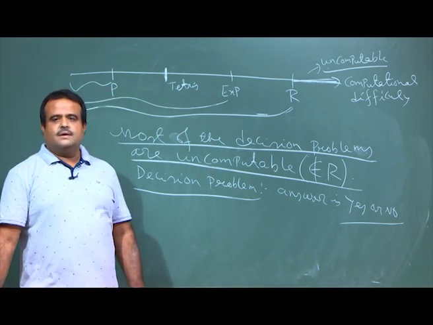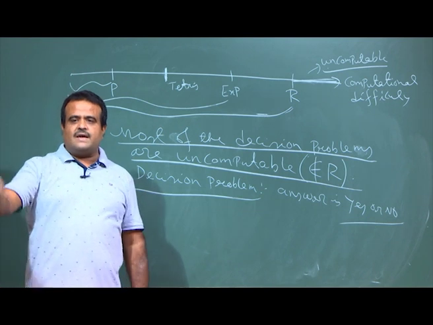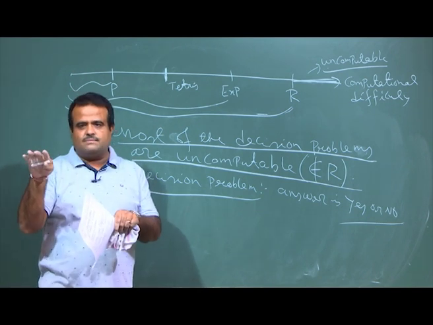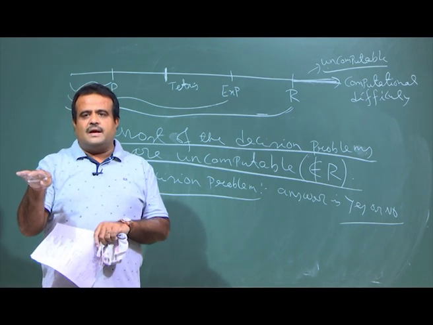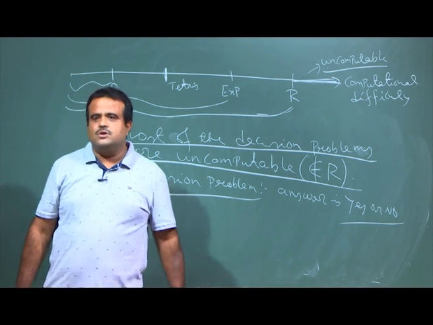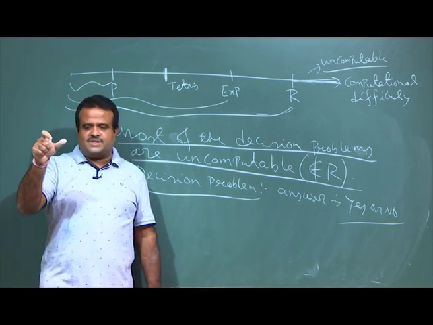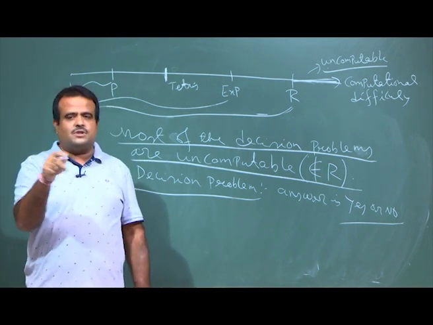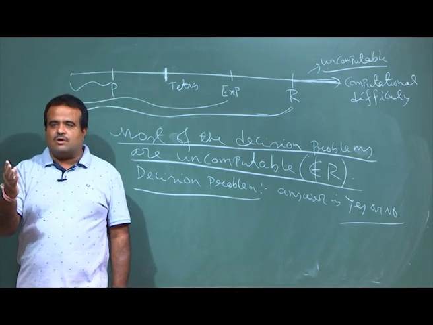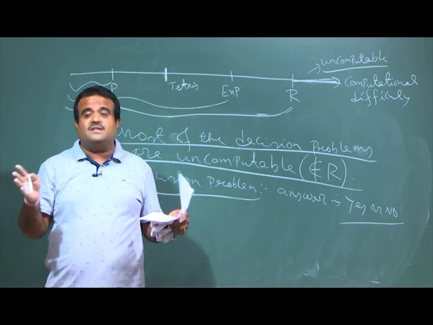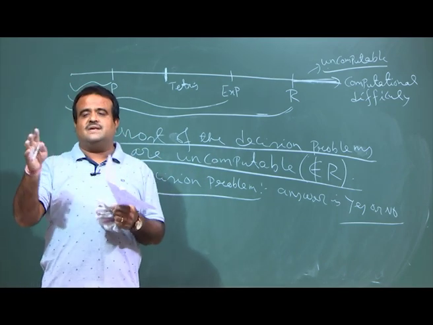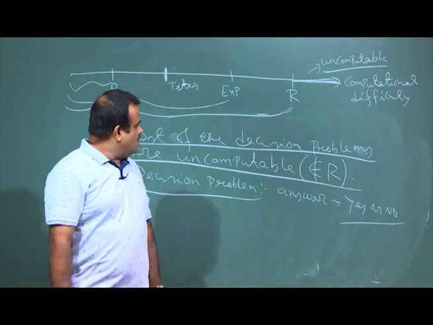Okay. Given a play board and a sequence of pieces in Tetris, whether we can survive, yes or no. Given a position of the chess board, whether white wins or not. So, these are all decision problems. Most problems have a decision version of it.